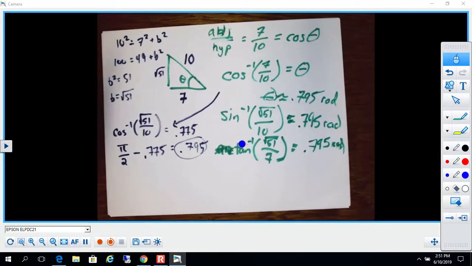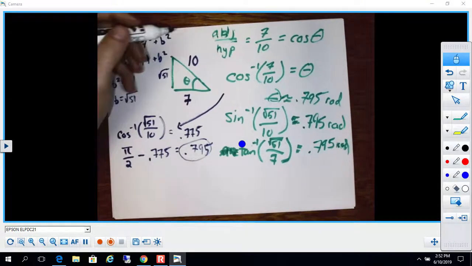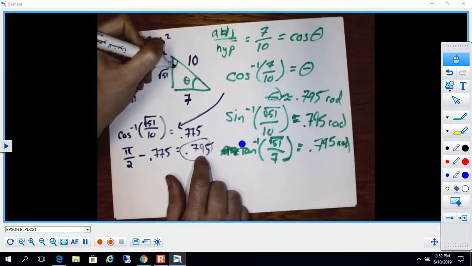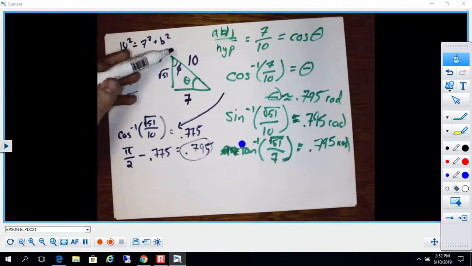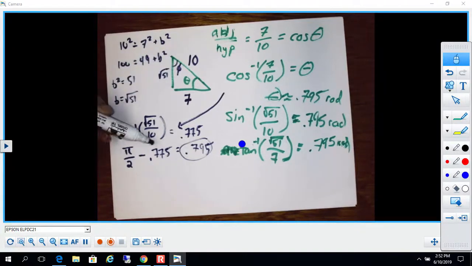If you were doing root 51 over 10, wouldn't it be that angle at the top? Yeah, exactly. So I'm going to call that angle phi. So the inverse cos of root 51 over 10 tells me this angle, right? Yeah.